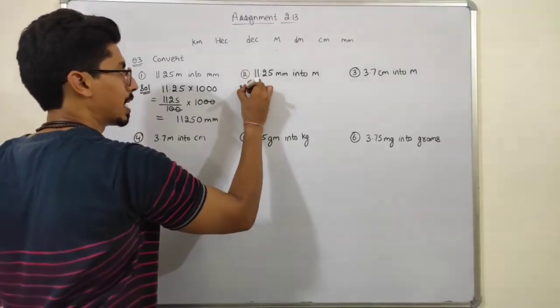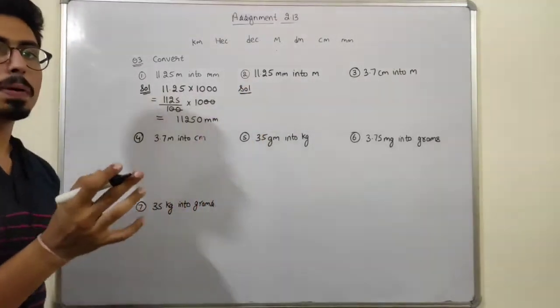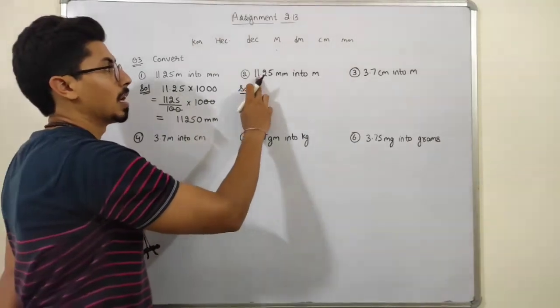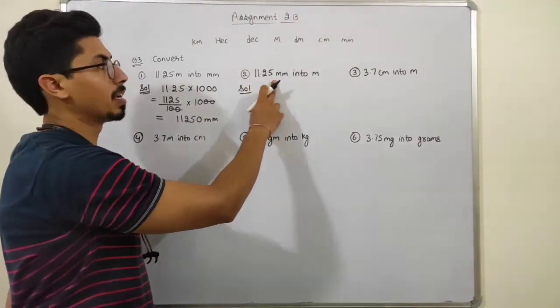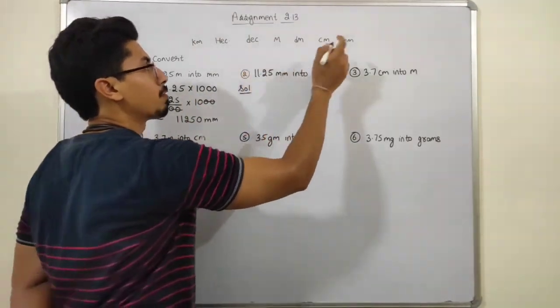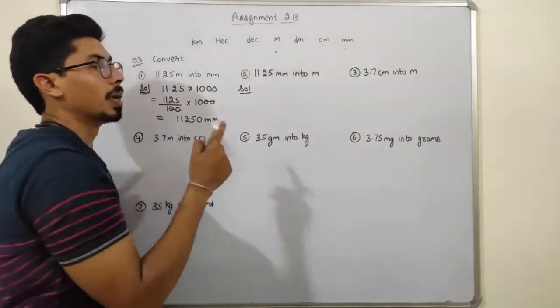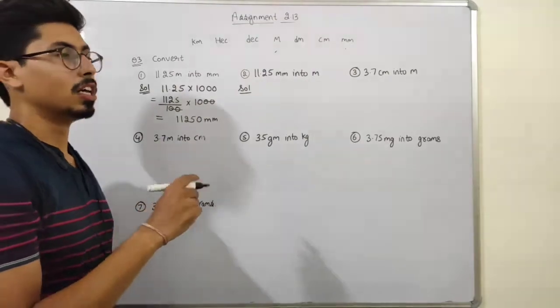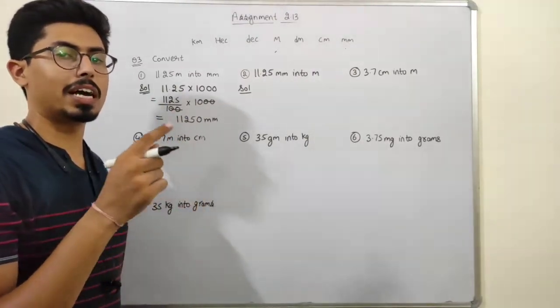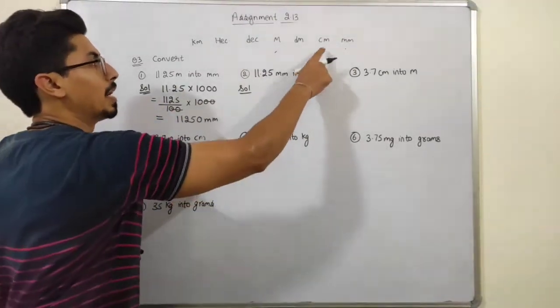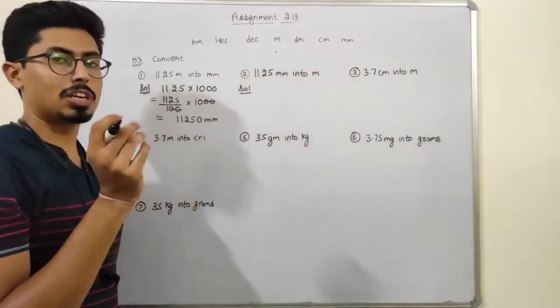Now, in second part, students, from 11.25 millimeter I have to go to the meter. That means from this point I have to go 1, 2 and third position, but to the left hand side. So if I have to go to the left hand side, I have to divide the number. See, 1, 2 and 3, the third place.